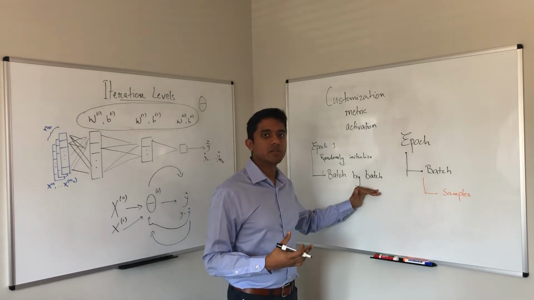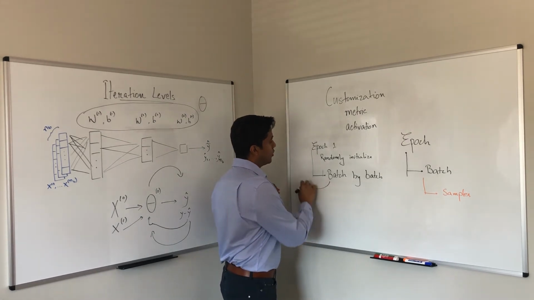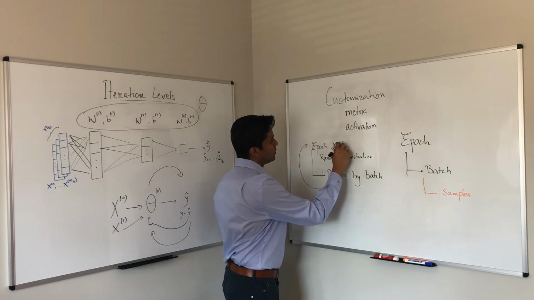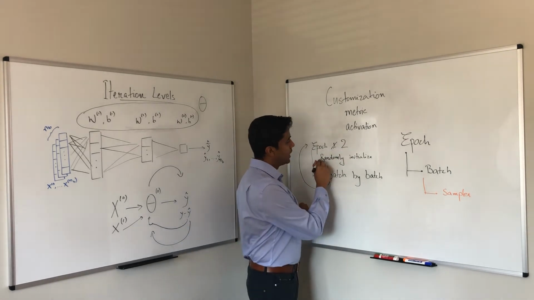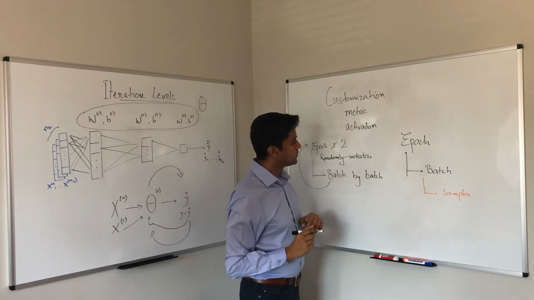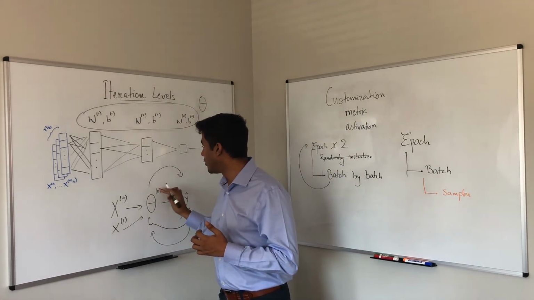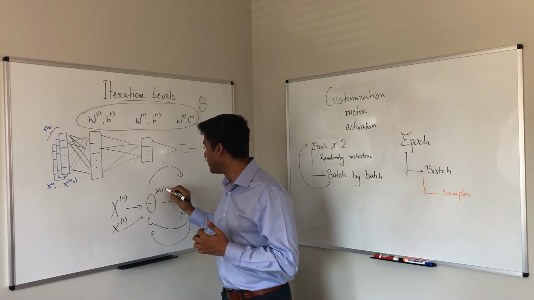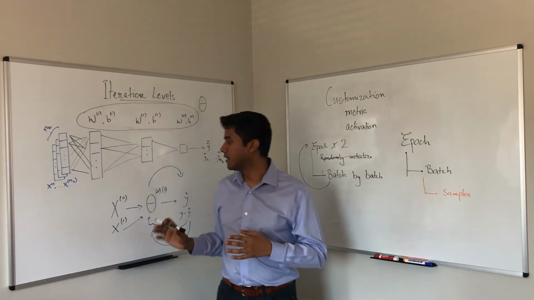That finishes my first epoch, and now I go back to the second epoch, and here, instead of randomly initializing the model, I use the output that I got at the end of the previous epoch as the initial model.